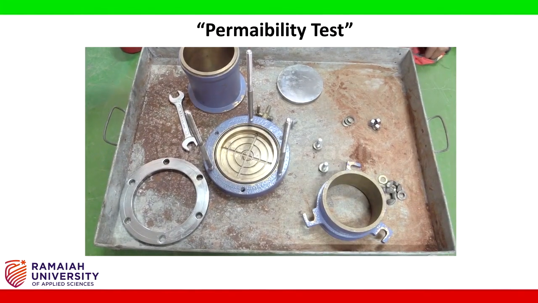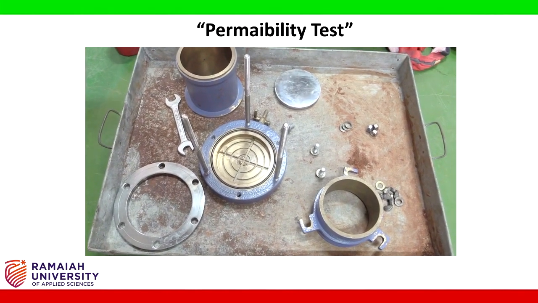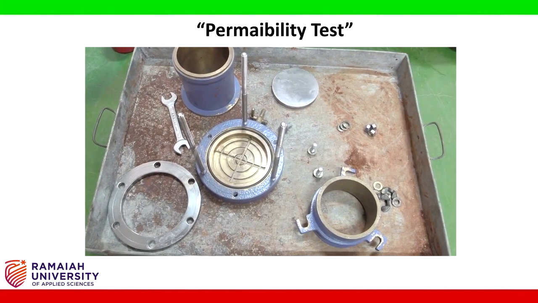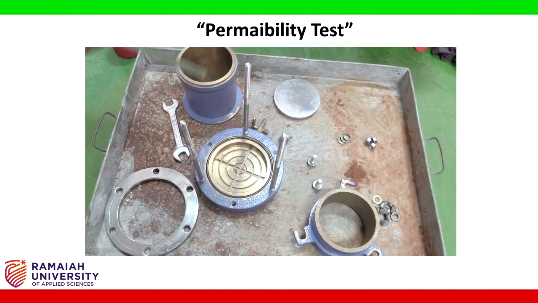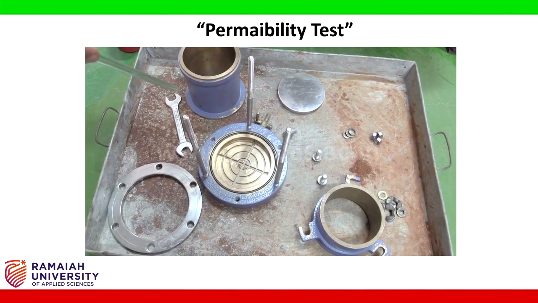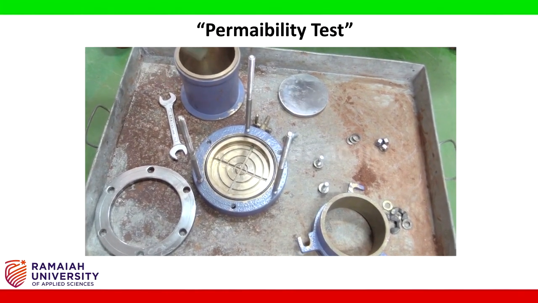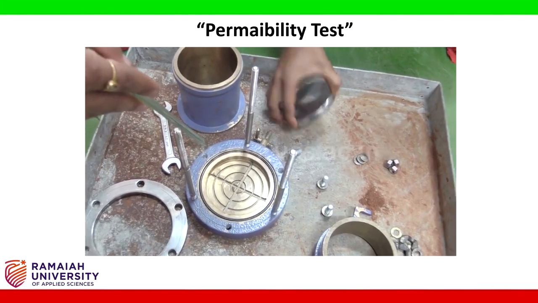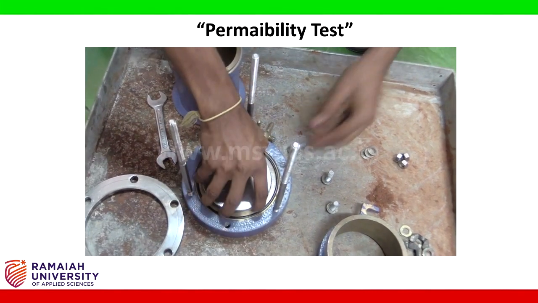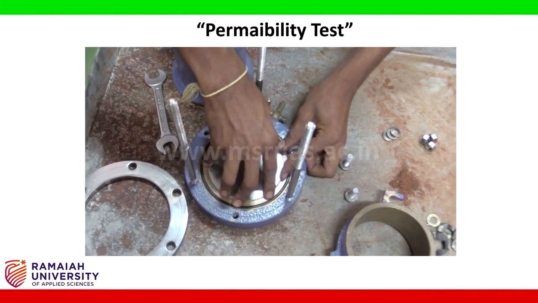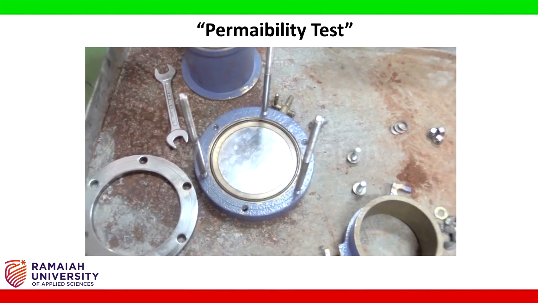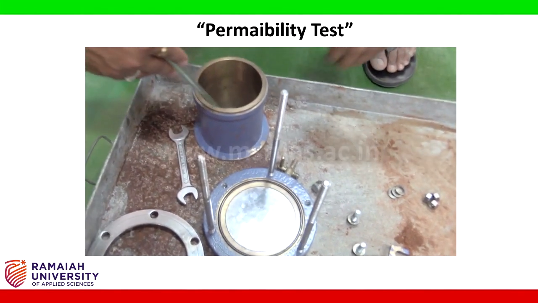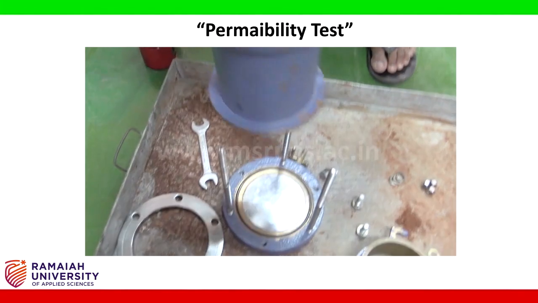Once we are clear about the various experimental setups that are required to conduct this experiment, it is now time to prepare the mold for the casting process. To begin with, we need to first place the steel plate at the bottom for the compaction process. Now, place the permeability mold on the base plate for the compaction process.